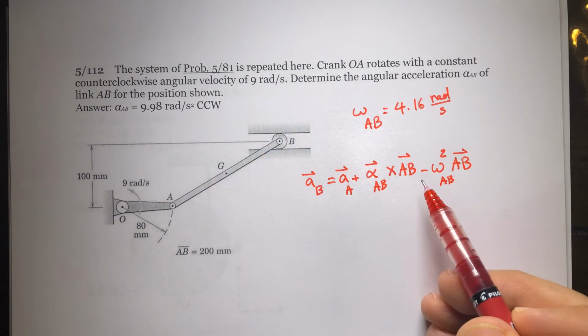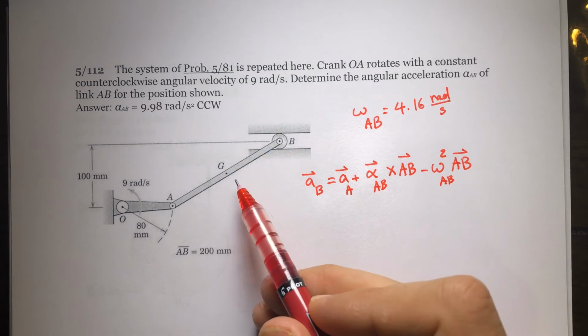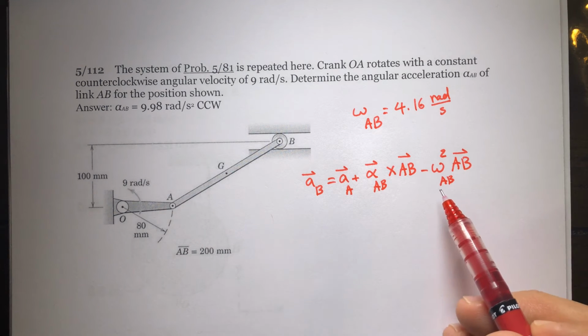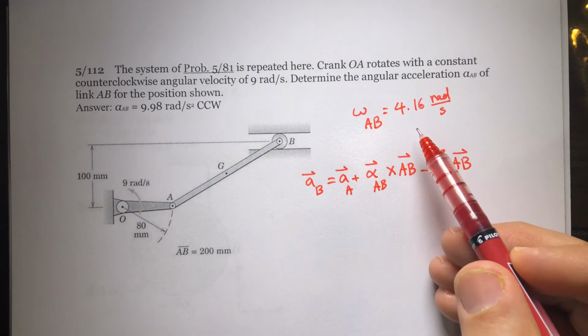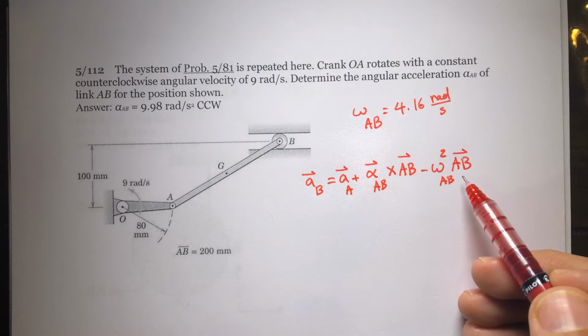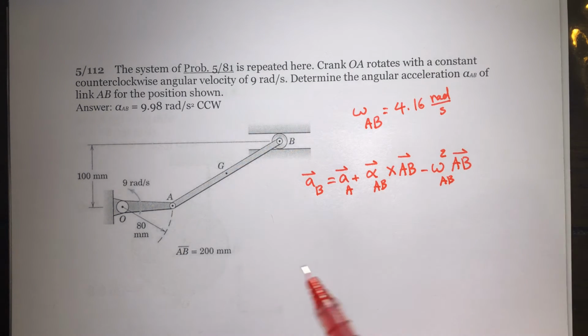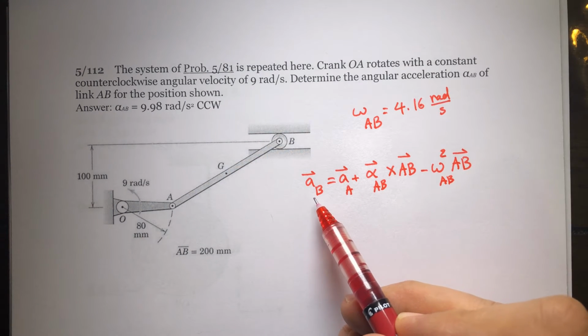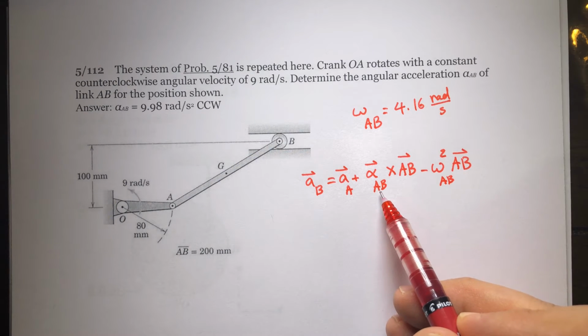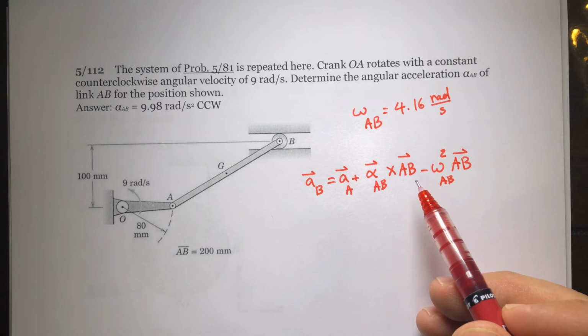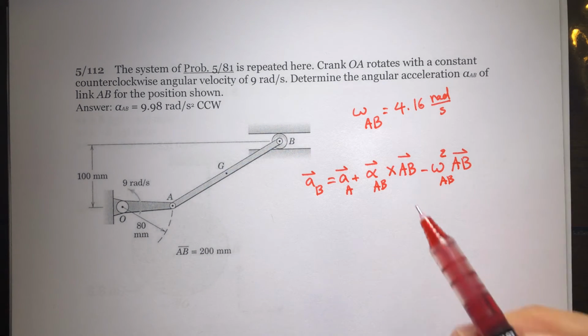Vector AB, you can write it simply in vector form because we know all the dimensions. Omega, we found it in the previous problem, and also AB again is this vector. So we have only two unknowns here, the magnitude of acceleration of B and also the magnitude of the angular acceleration. And this is a vector equation in 2D, so we have two equations here too.